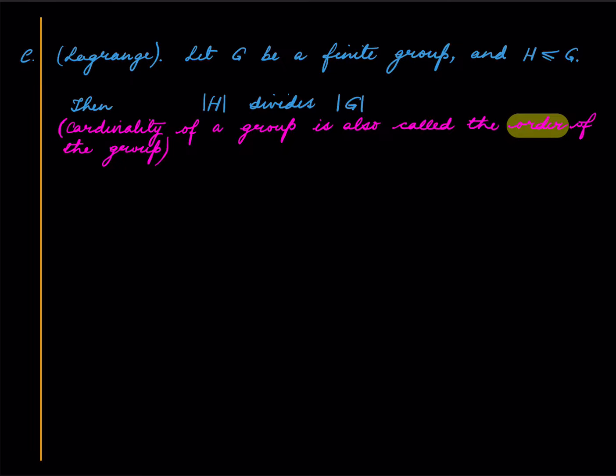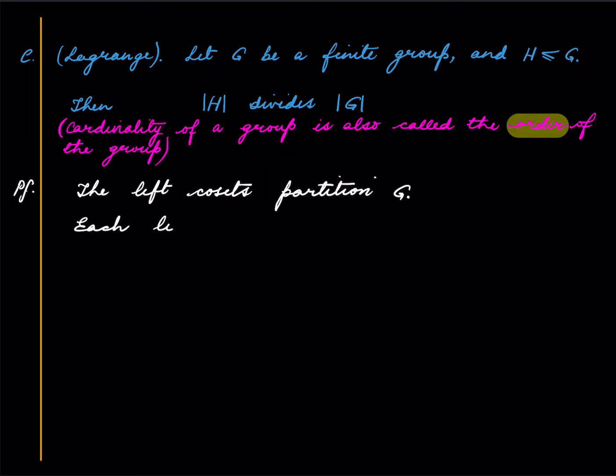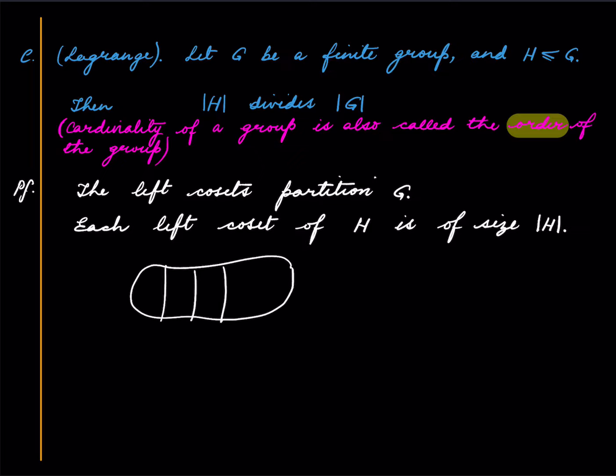Okay, so how do we show this? We already have that the left cosets of H partition G. And each left coset of H is of size the same as the size of H. So basically you have this kind of partition of the group.